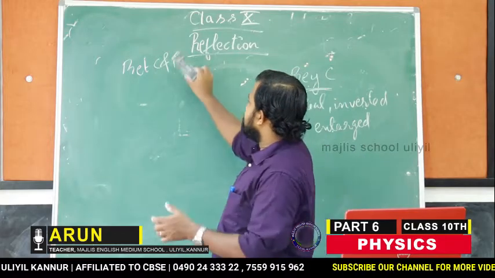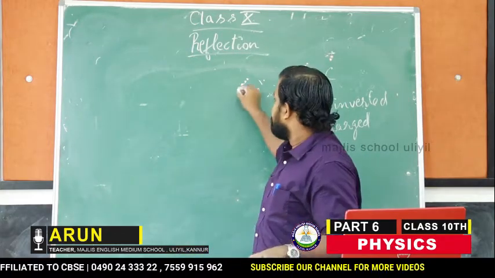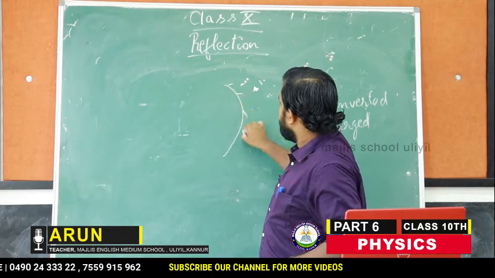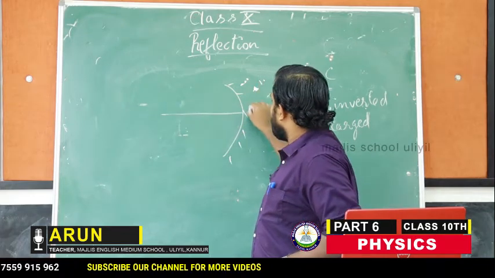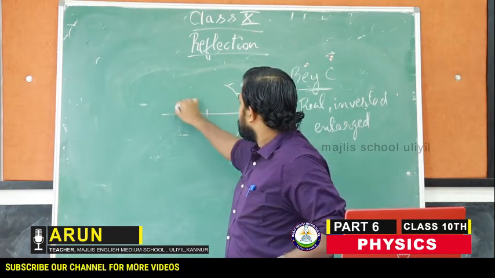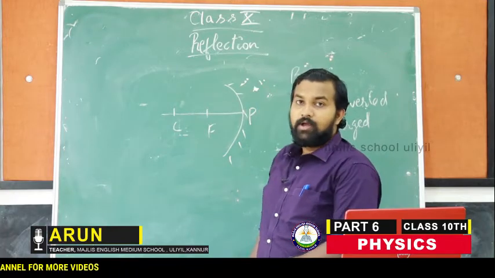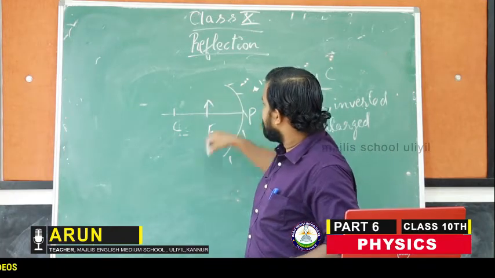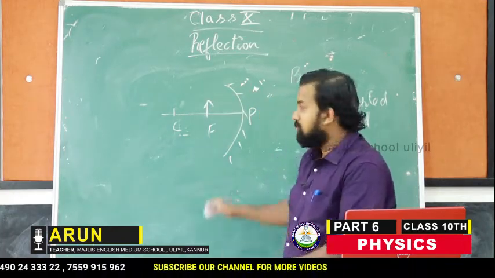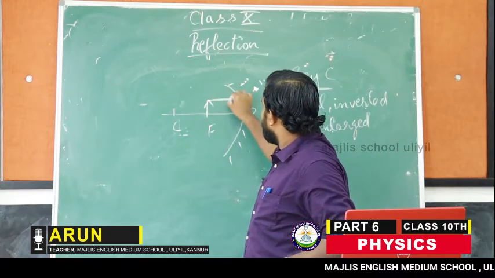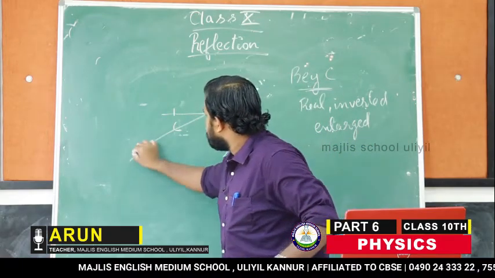Now the fifth case is, again I am bringing it nearer. Pole, focus, center of curvature. I am keeping it at focus. So one ray I am taking parallel to the principal axis. It will move like this.